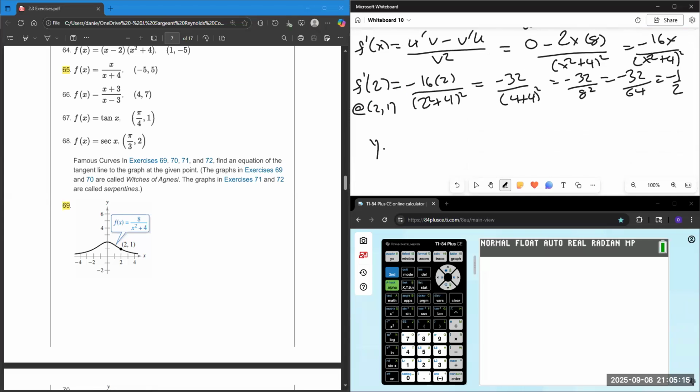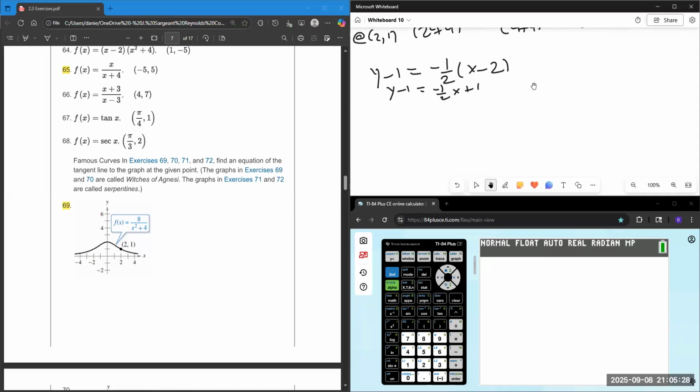So y minus y1 equals m times x minus x1. Y minus 1 equals negative 1/2 times x minus 2. Add 1 to both sides, and y equals negative 1/2 x plus 2.